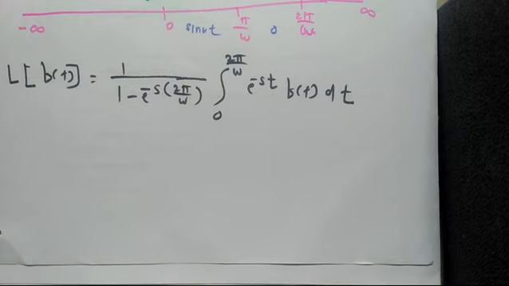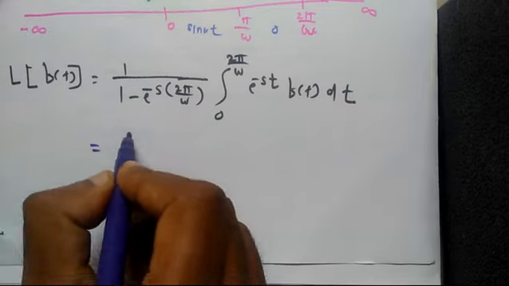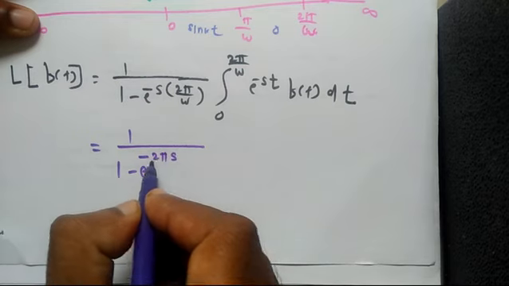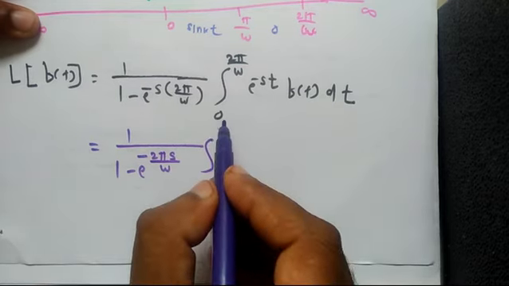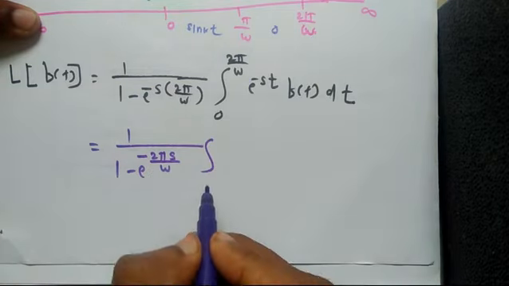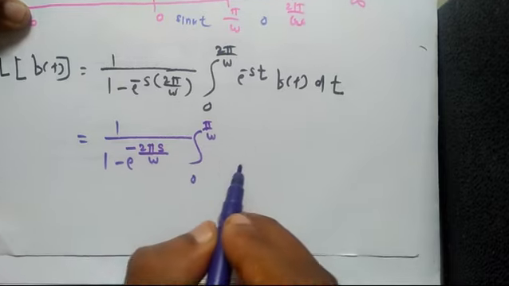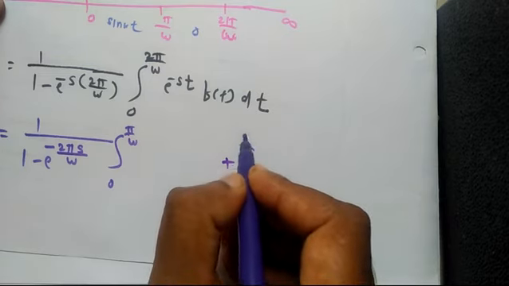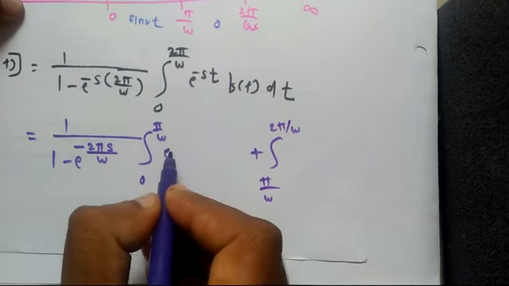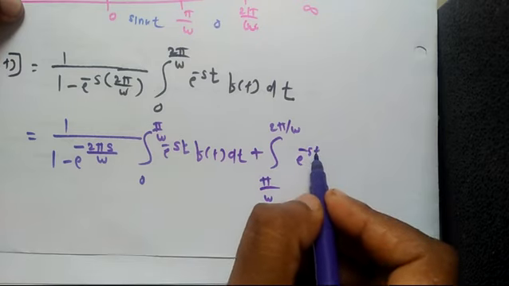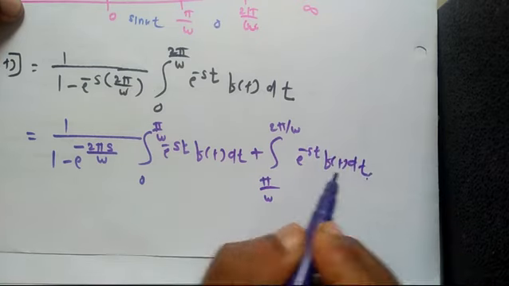Okay, one upon 1 minus e to the power minus 2s pi by w. So we'll divide 0 to 2 pi by w into two parts, 0 to pi by w, and next is pi by w to 2 pi by w. So remaining part is as it is, e to the power minus st f of t dt.